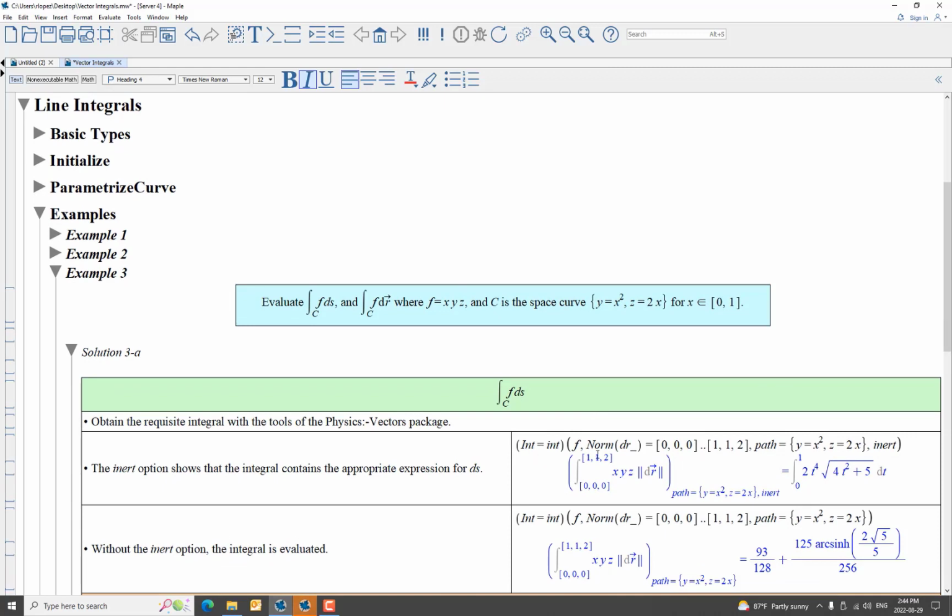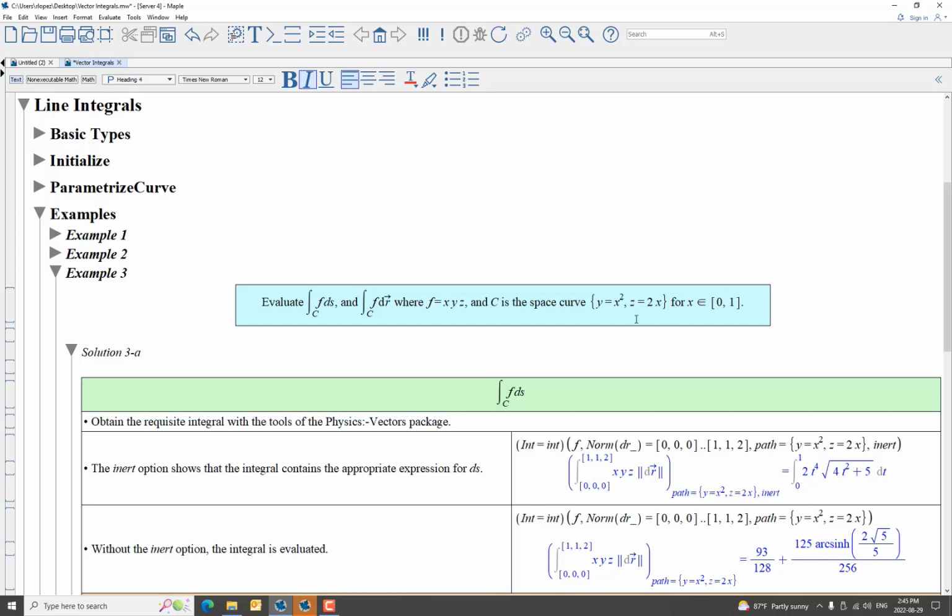Int, norm dr, that gets you ds. These are the initial and final points along that path. Now the path is y equals x squared, z equals 2x. If you think of x as the parameter, it's going to be 0 to 1, so at 0 it's going to be 0, 0, 0.